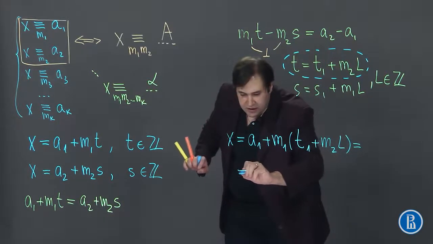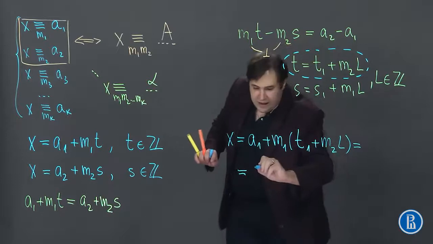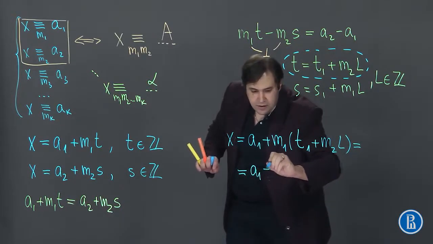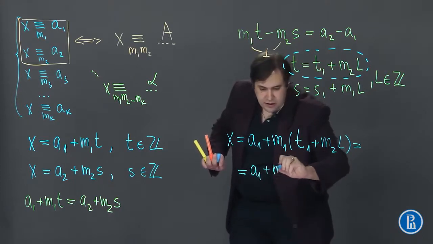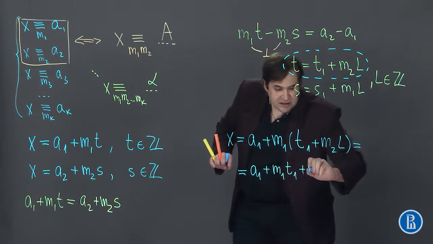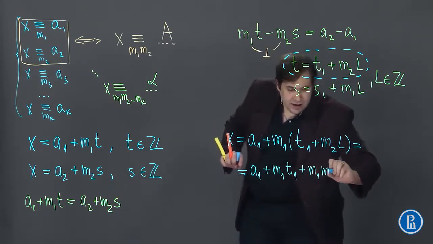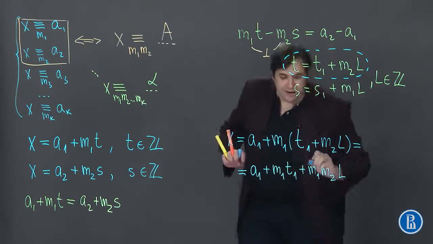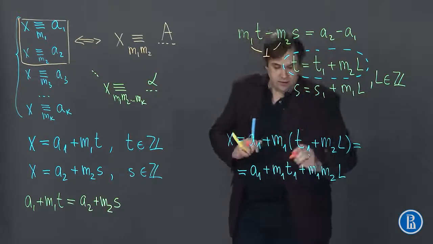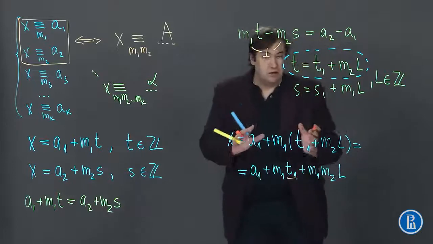After some simple transformations, we obtain a1 plus m1t1 plus m1 m2 l. And let me just remind you that t1 was just a particular solution of an equation.